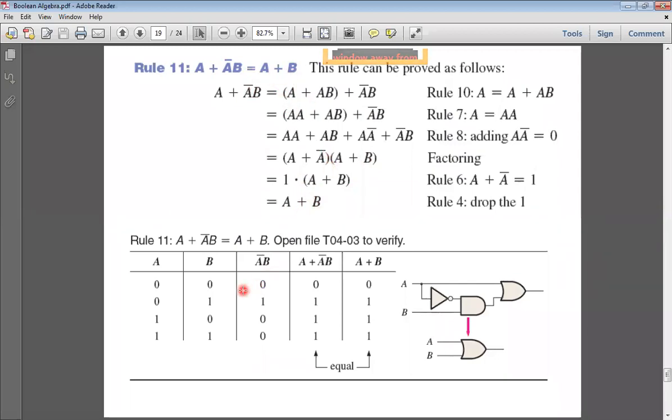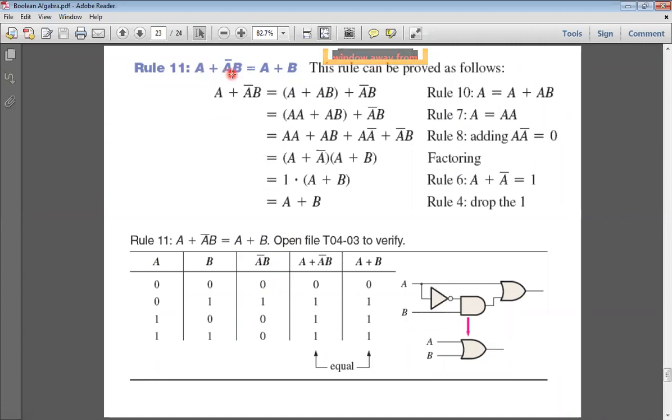Now you can use truth table also to prove this. In the truth table, if you want to prove this by using truth table, how many variables are used? There are 2 variables. Write down A, B. These are the 2 variables, A, B. And what terms we need? We need A bar B. So calculate A bar B in this column. And actually we need A plus A bar B. It is difficult to calculate A plus A bar B in one step.